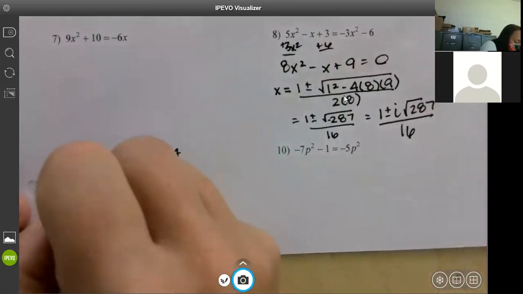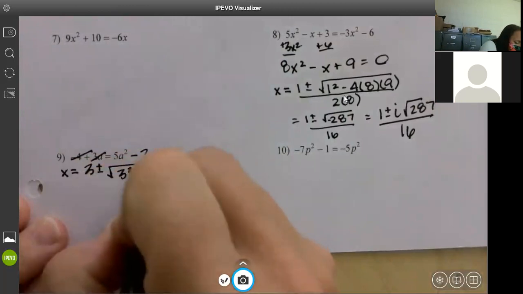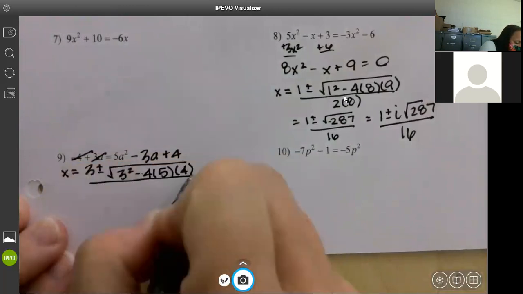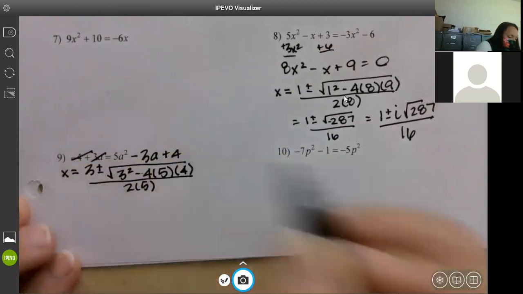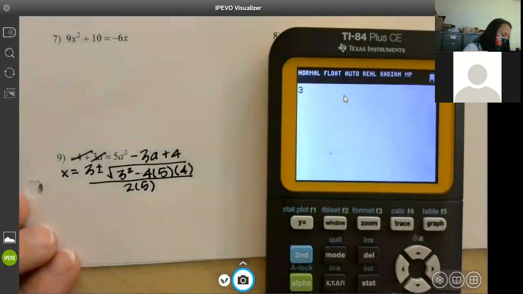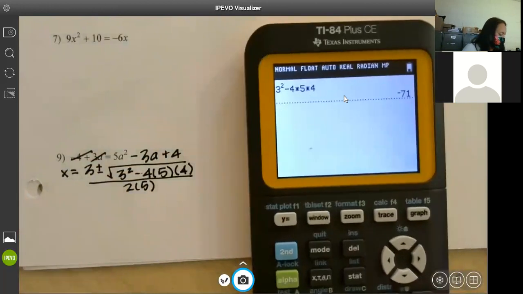So x equals positive 3 plus or minus big fat square root of 3 squared minus 4 times 5 times 4, all over 2 times 5. Underneath, 3 squared minus 4 times 5 times 4 gives us negative 71.